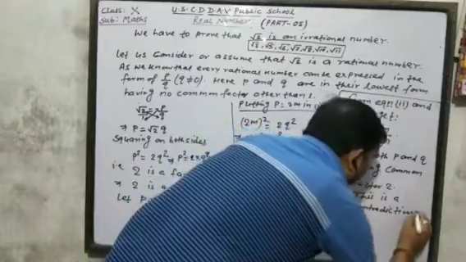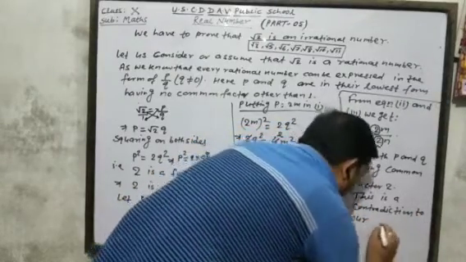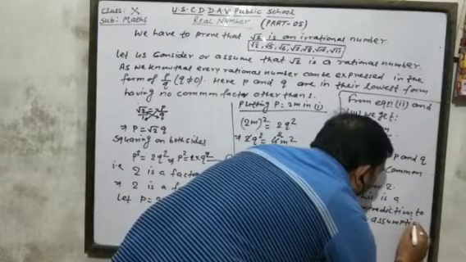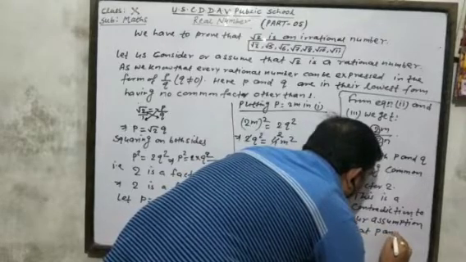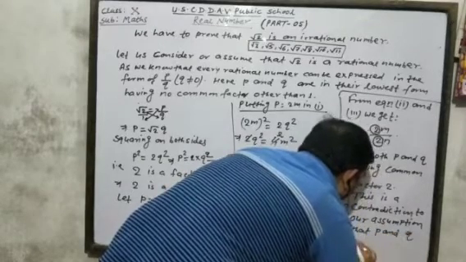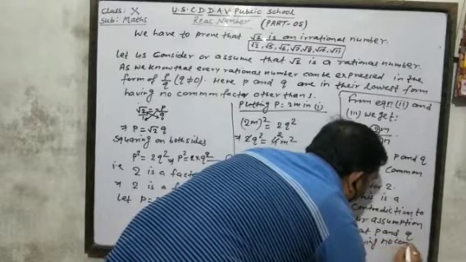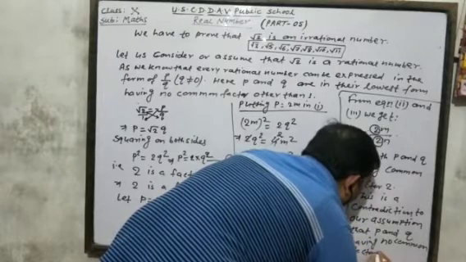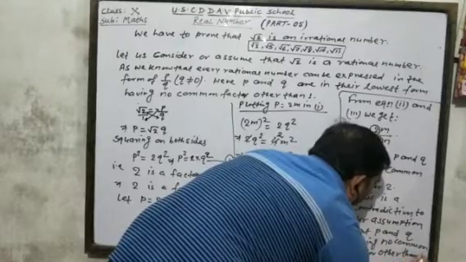Contradiction to our assumption that p and q have no common factor other than 1.